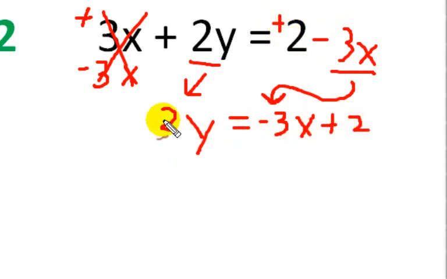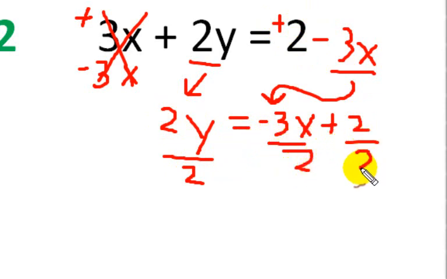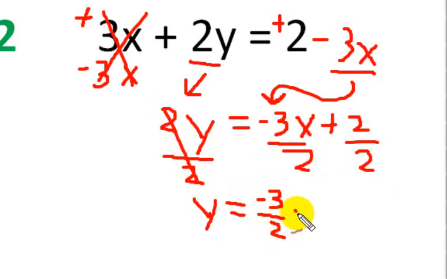Alright, next step here, I still need to get rid of this 2, because right now it's 2 times y. So if I do the opposite and I divide by 2, I'm going to go ahead and do it on both sides. Okay, that's going to cancel out that, and I get left with y equals negative 3 over 2 x, and then 2 divided by 2 is going to give me plus 1.